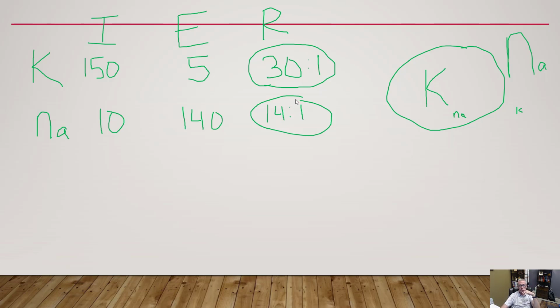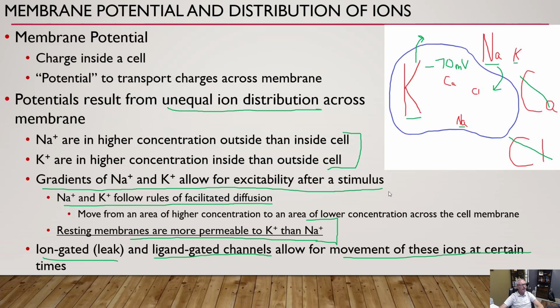So that's why we have that statement that says resting membranes are more permeable to potassium than to sodium, because we have a higher concentration gradient of potassium than we do of sodium. So you don't have to know the math behind that. You don't have to memorize the numbers, but I just wanted to explain why I put this statement in there.